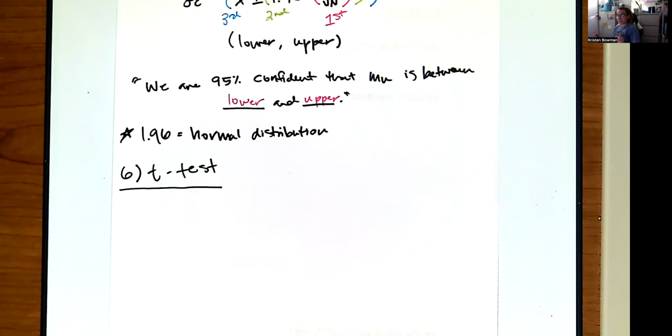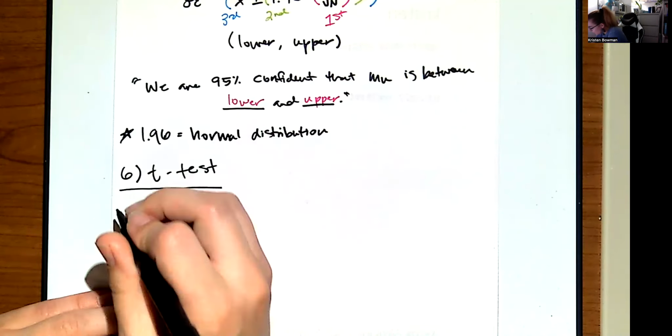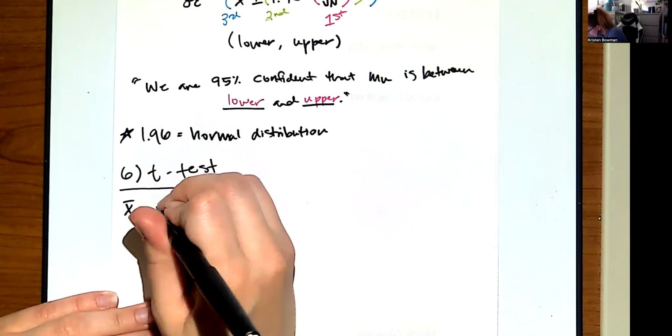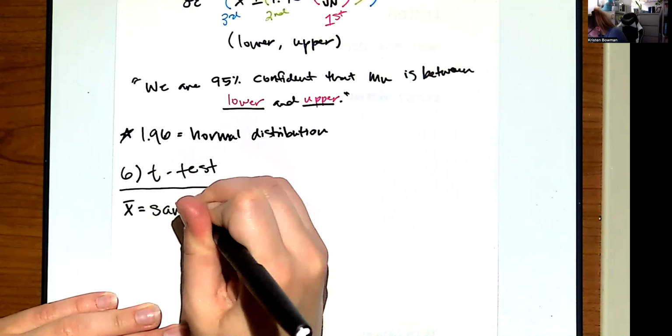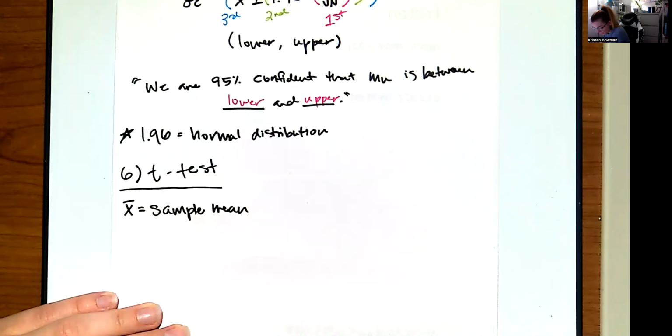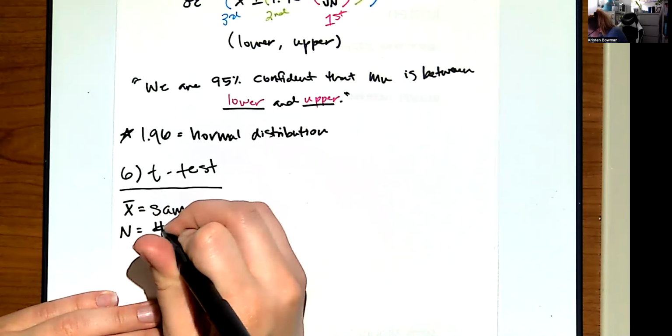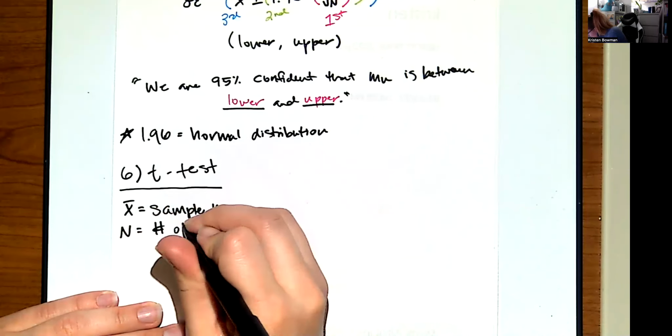All right, so in a t-test, I'm going to start out by writing out the parameters. So again, we have X bar. At this point, if you don't know that X bar is sample mean, I would encourage you to learn it, because X bar is sample mean. N is the number of participants.